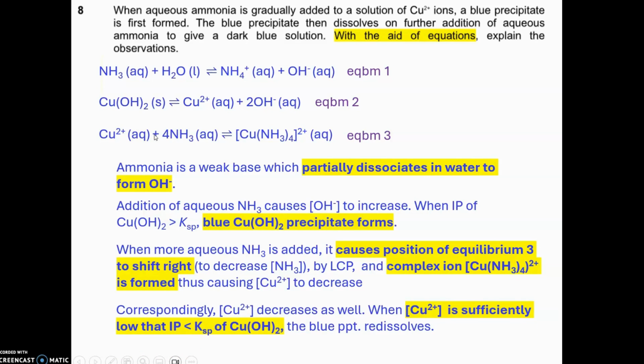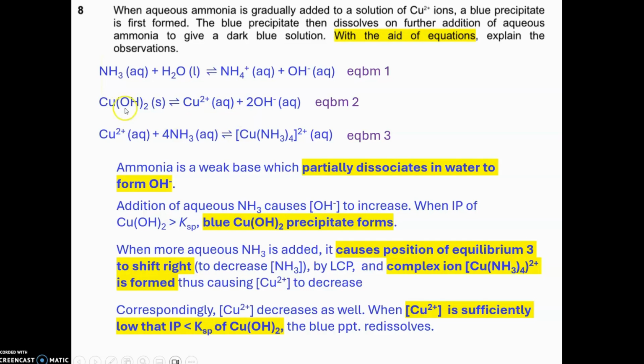Next, the decrease in Cu2+ concentration in equilibrium 3 causes the position of equilibrium 2 to shift to the right to counteract the decrease in concentration of Cu2+ by Le Chatelier's principle.